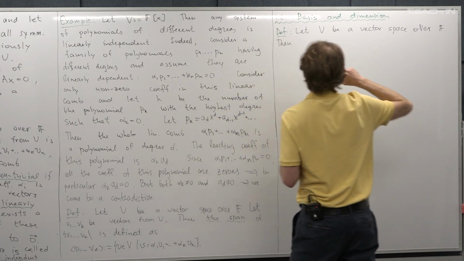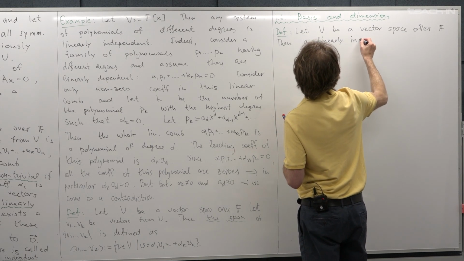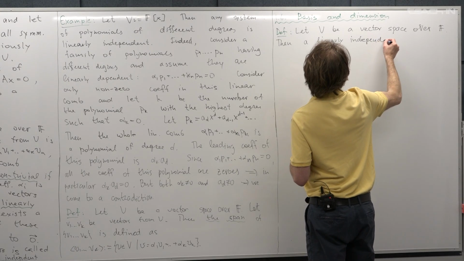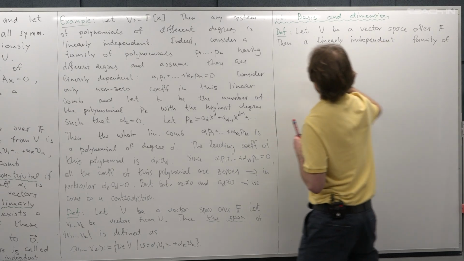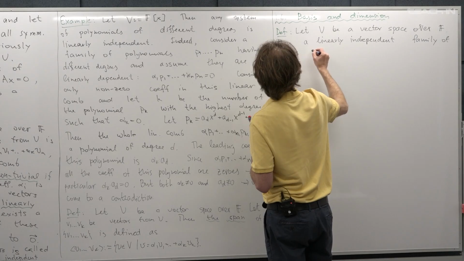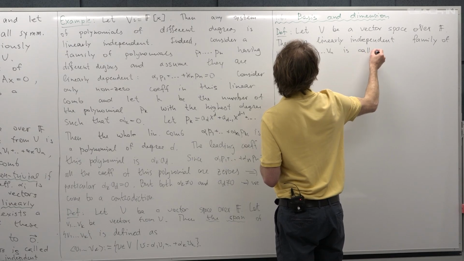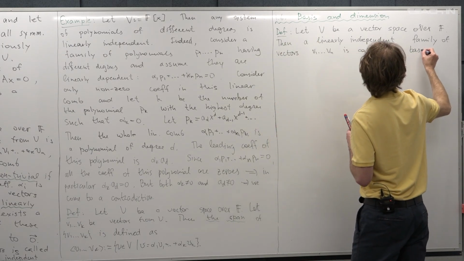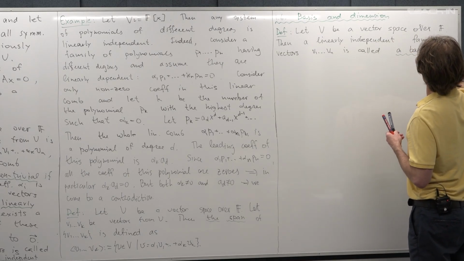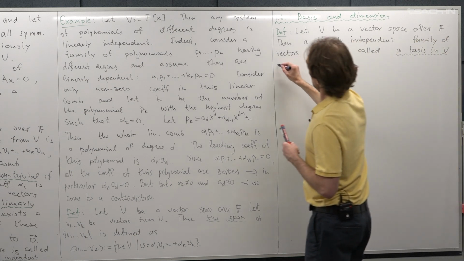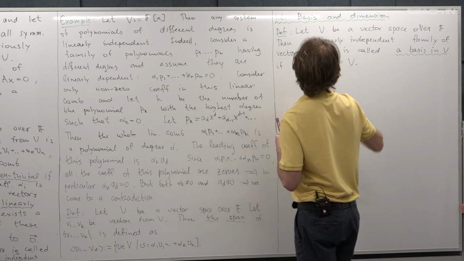Then a linearly independent family of vectors v1, etc., vn is called a basis in V if the span of these vectors coincides with the whole space.